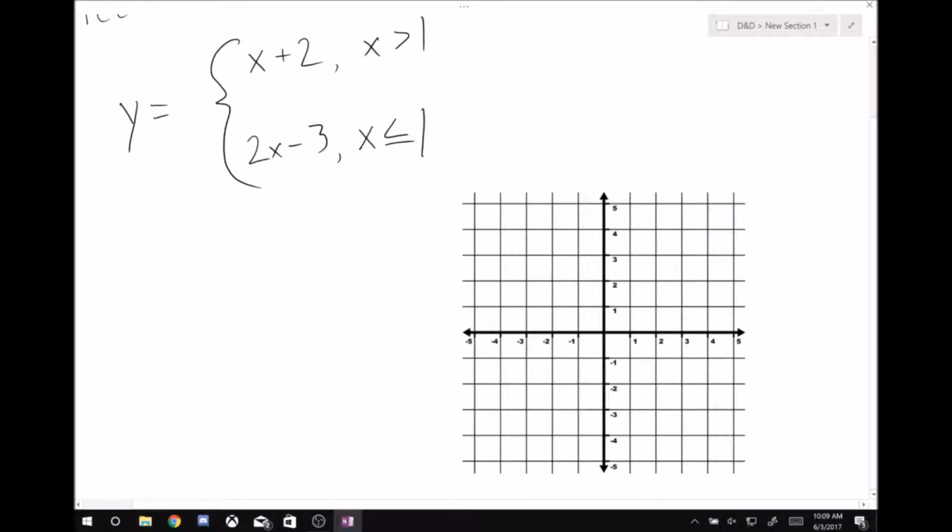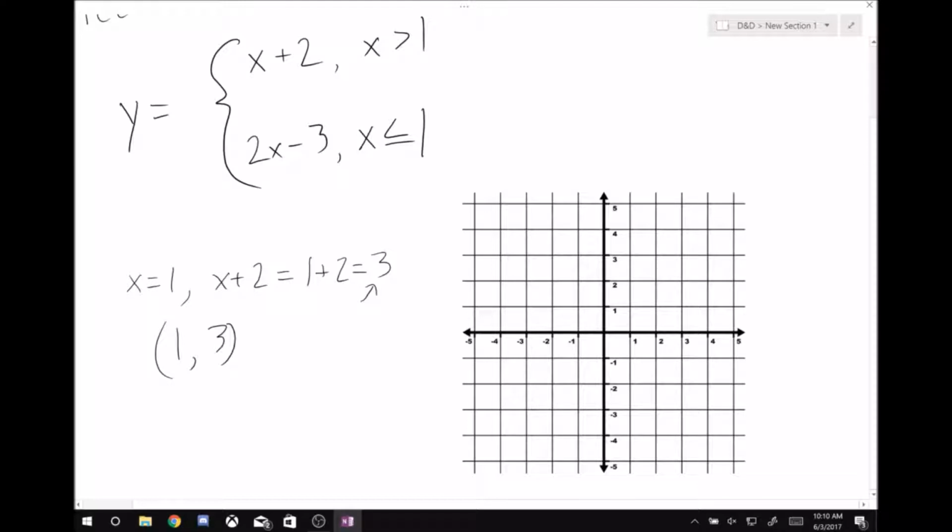So in the top equation, if x equals 1, x plus 2 is equal to 1 plus 2, which is equal to 3, right? So this tells us that if we were to follow this top equation, then at the x value of 1, our y value would be 3.